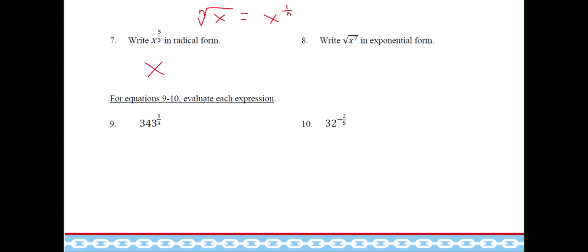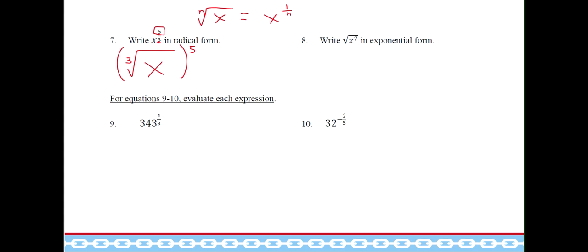That means we need a radical, that's what that sign is called. And the denominator here, this 3, is going to be my n value, so I'm taking the third root. I will take the third root of x and then take that to the fifth power. And that 5 comes from this numerator here.